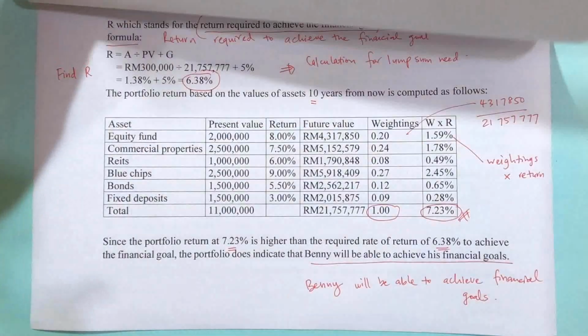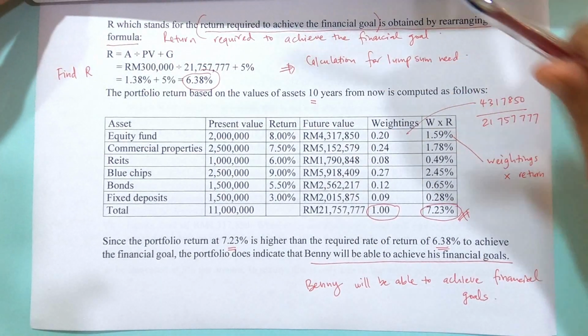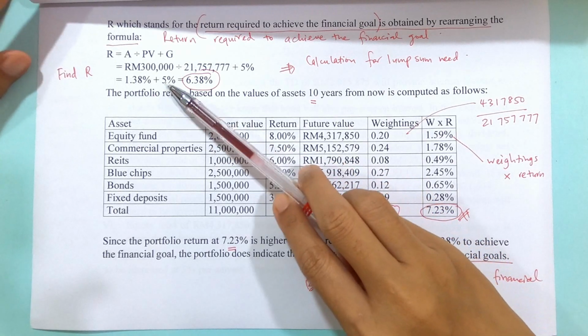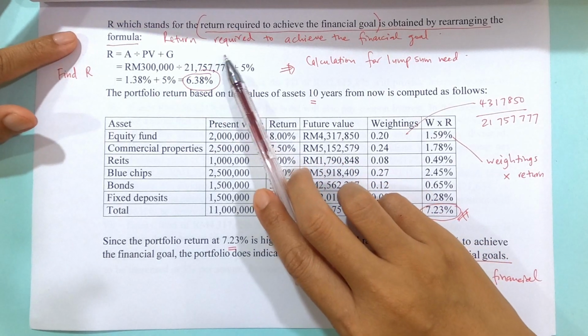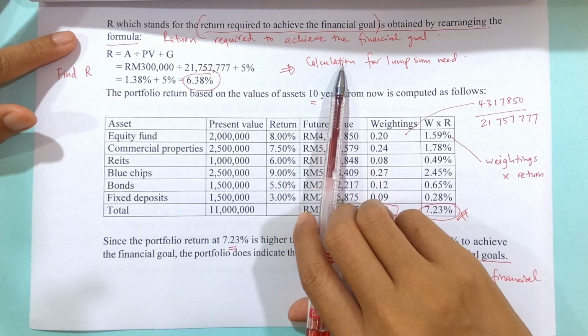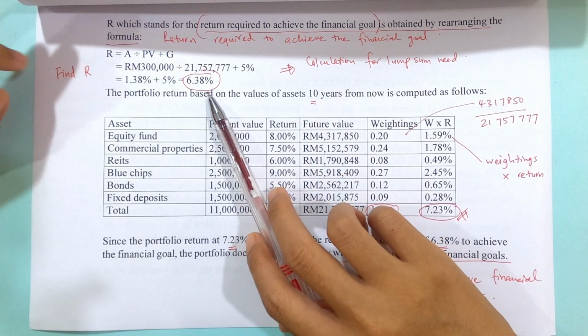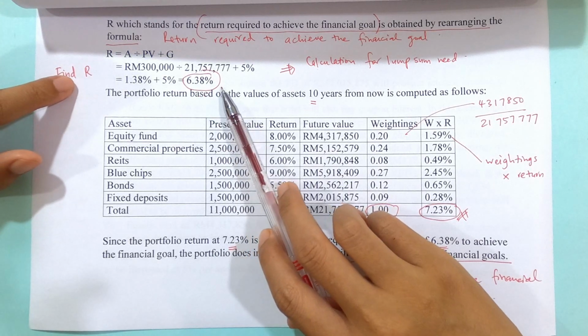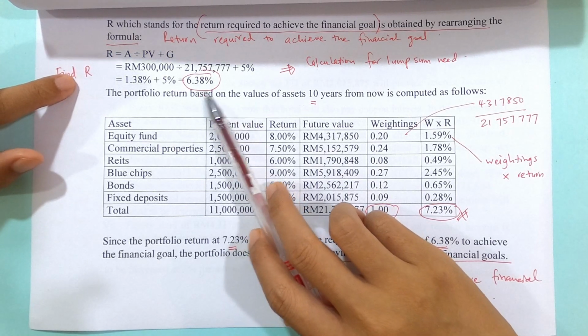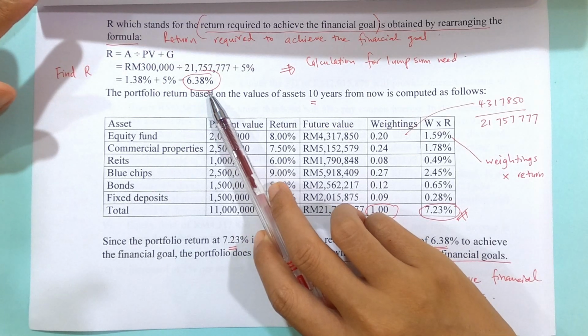We have to use this formula and find R, that is the return required to achieve the financial goal. Once we calculate R by manipulating the formula, we get R equivalent to 6.38%.